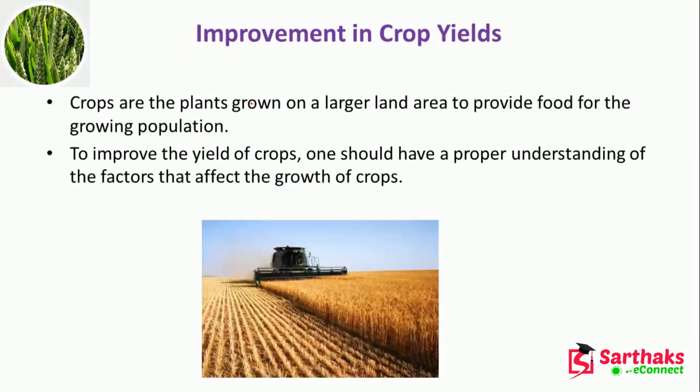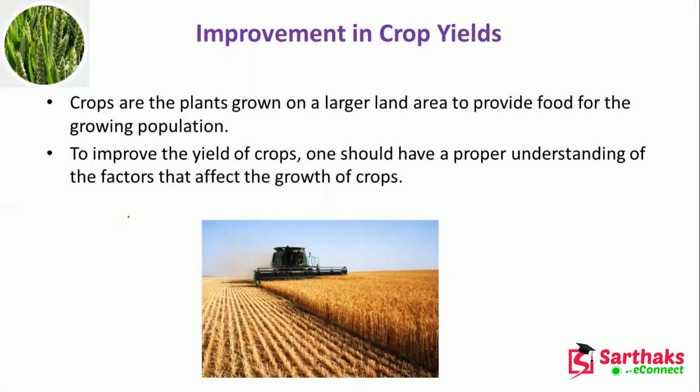Now the improvement in crop yield. Crops are plants grown on a larger land area to provide food for the growing population, right? Now to improve the yield of the crops, what should we do?